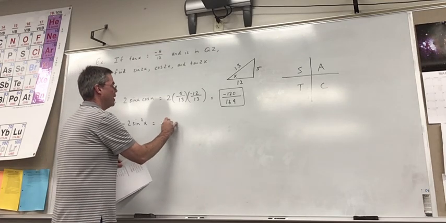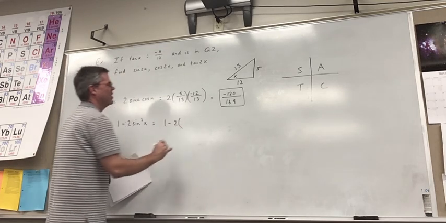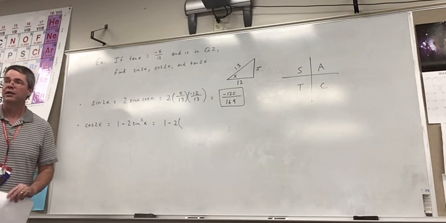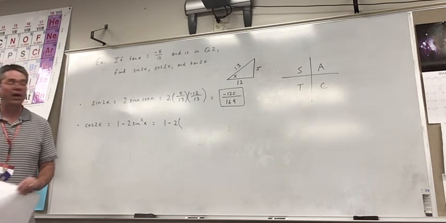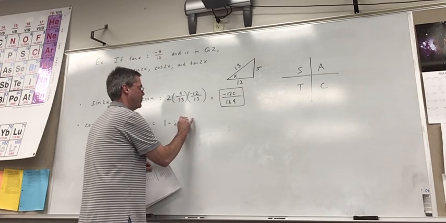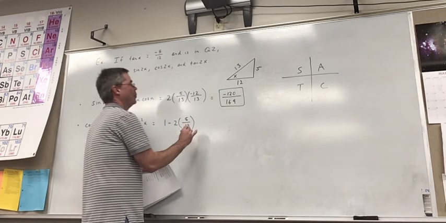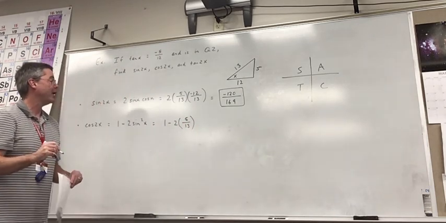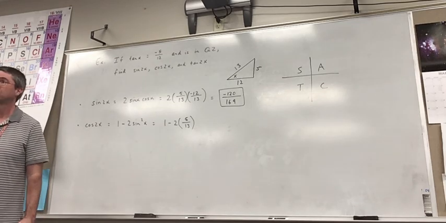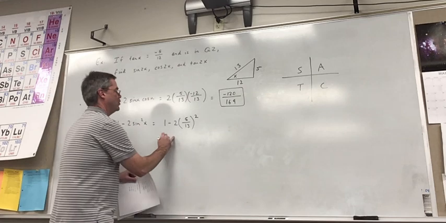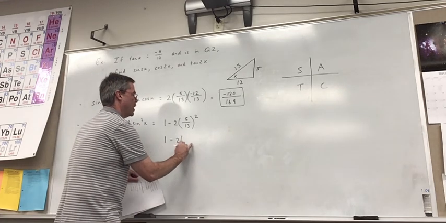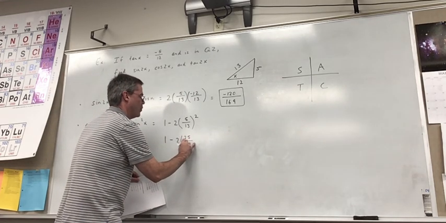So that's going to be 1 minus 2. Sine again is what? 5 over 13. Is it positive or negative? Positive. And what do I have to do to that 5 over 13? Got to square it because it's sine squared. So that's 1 minus 2 times 25 over 169.